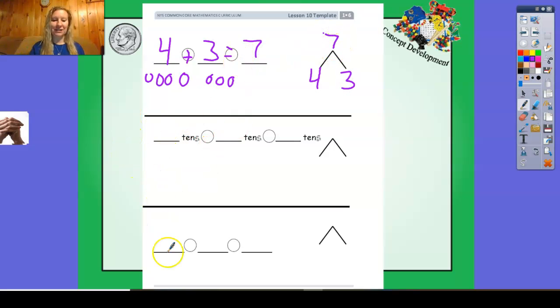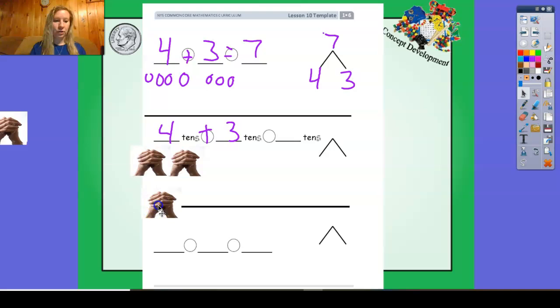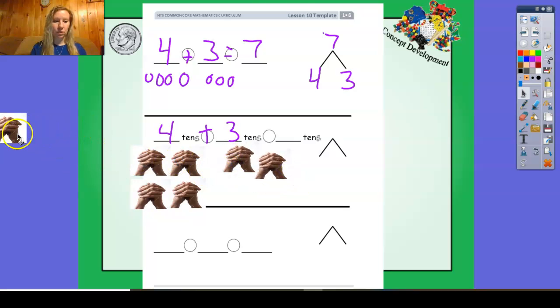Now, what if I had tens? What if I had 4 tens plus 3 tens? I'm going to use my clasped hands like this to show my 5 plus my 5 make 10. We did this a little bit in class, so think about your 5 fingers plus your 5 fingers, and when we put them together, it makes a group of 10. Just like if we draw our quick 10, our line. So we are going to have 4 of our hands, 1, 2, 3, 4, plus 3, 1, 2, 3.